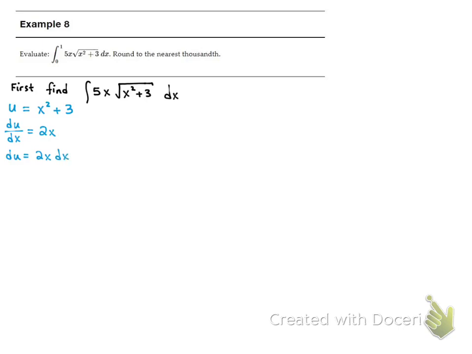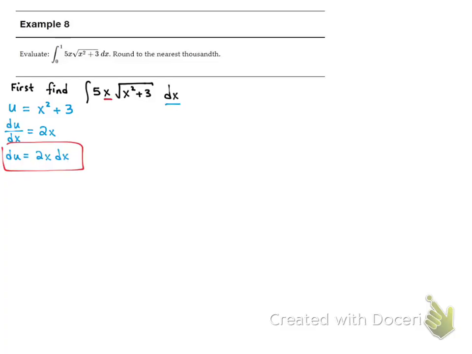Now let's look at our integral and see if we can make any substitution. So we see that we have this x and this dx. So that's what we can let u equal. And since our du equals 2 times x times dx, not just x times dx, let's solve this equation right here for just x times dx, because that's what we have up here in our integral that we can replace with du.